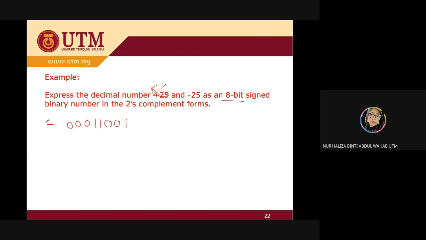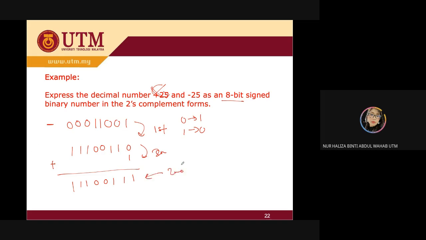Because it is negative, I change it to first complement first. Correct me if I'm wrong again. I just change 0 to be 1, 1 to be 0. And for second complement, I need to add 1. So this is my second complement, equivalent to negative 25.